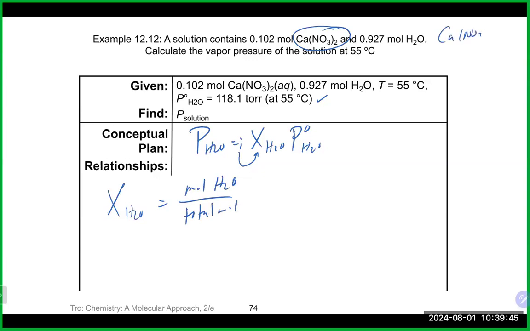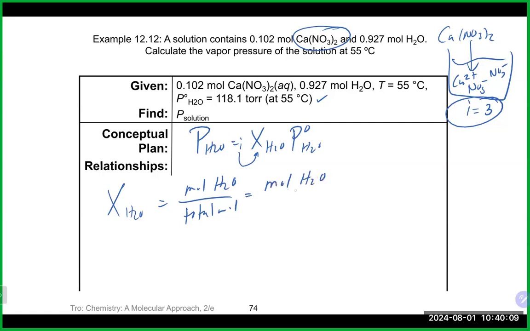When we dissolve calcium nitrate into the water, we will get a calcium ion and 2 nitrate ions, which means the i value for calcium nitrate should be 3. The only place where we see calcium nitrate is down here in our mole fraction, which is the moles of the water over the moles of the water plus the moles of the calcium nitrate.